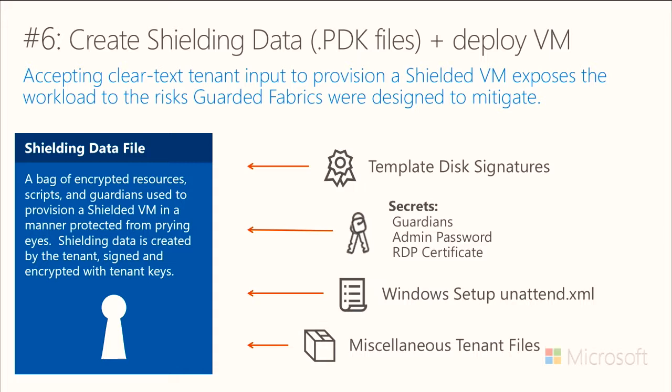RDP certificates to ensure that when you RDP to the resulting shielded VM, the connection is authenticated mutually at both sides. That's what the certificate does. And obviously an unattend file that allows the machine to be specialized in any manner of your choosing. Last but not least, miscellaneous tenant files of your choosing. Effectively, think of that as like a WinZip package because you wanted X, Y, and Z files also deployed on the resulting VM.